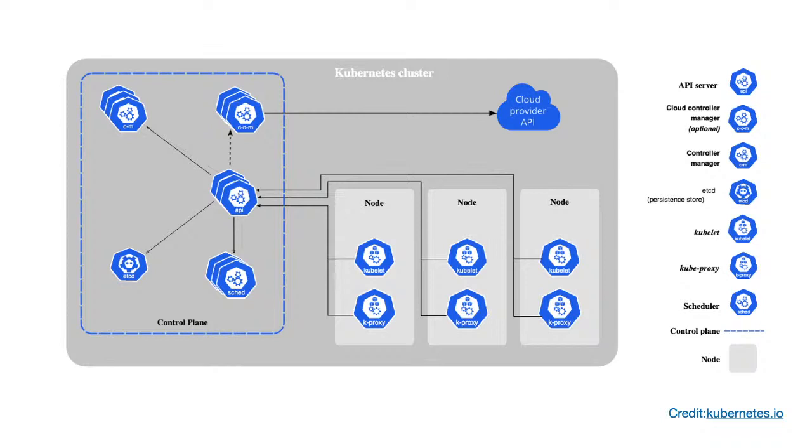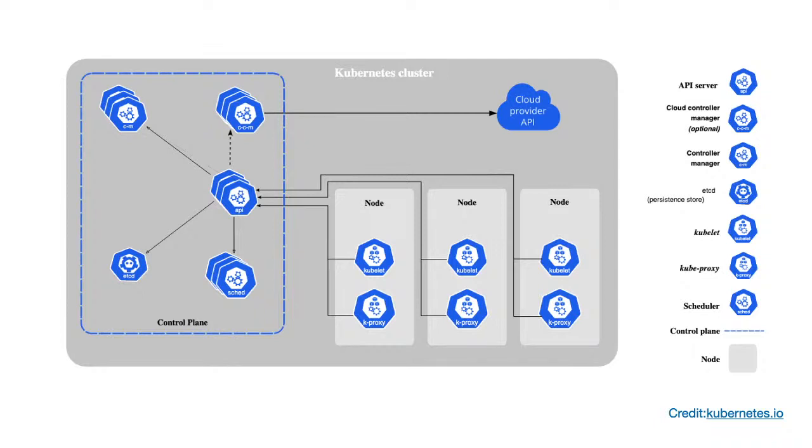So it's always an API call. etcd is the brain behind the Kubernetes cluster. That's where all the information of what you desire, what the current state is, what resources are available, everything is stored in etcd. And the scheduler is the one who decides where the pod will go.